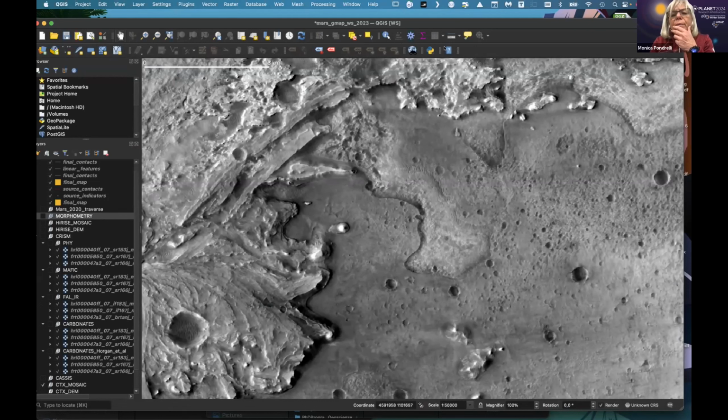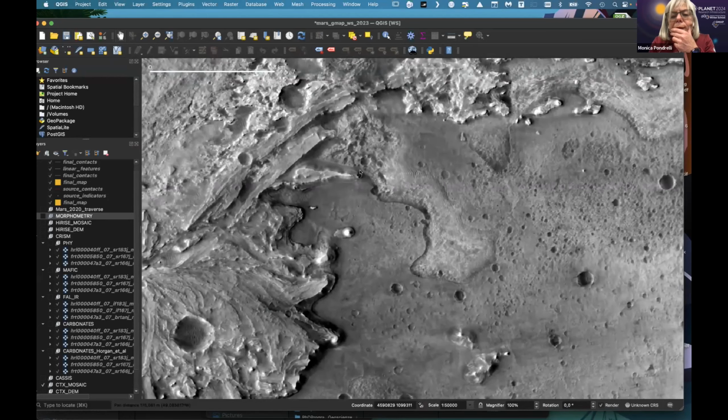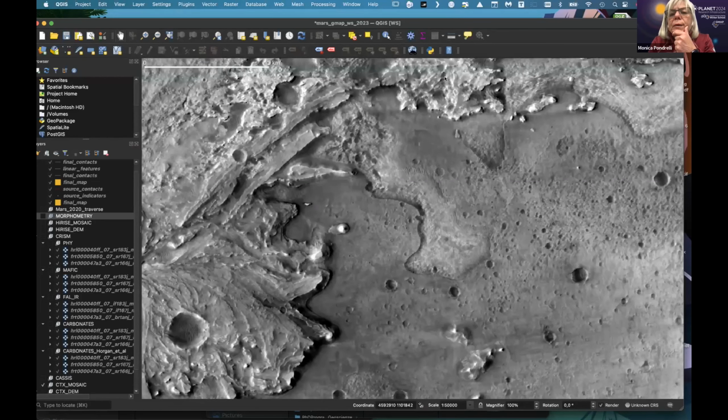This boundary, which is not clear, we were mentioning because there is the cover by some aeolian bed forms. Something like this one, for example.